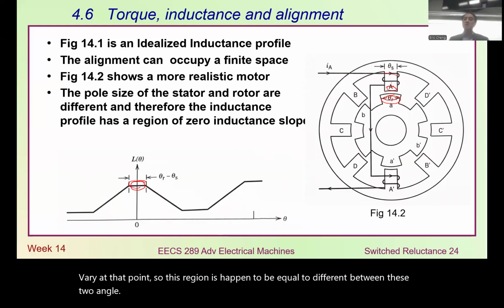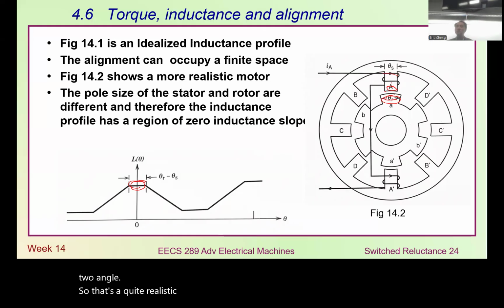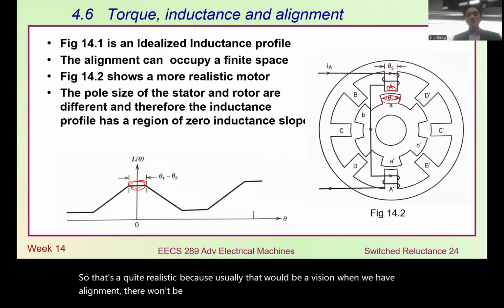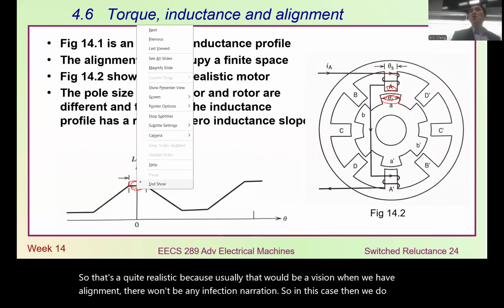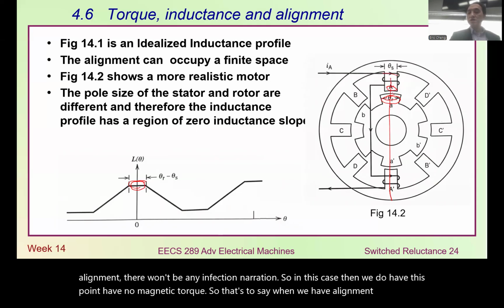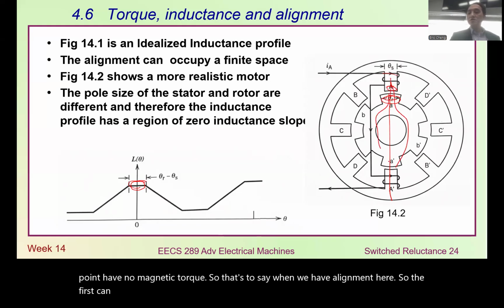That's quite realistic, because usually there will be a region when we have alignment where there won't be any inductance variation. So in this case, this point has a low magnetic torque. When we have alignment here, the flux can really pass through, and right at that point there's no magnetic torque.